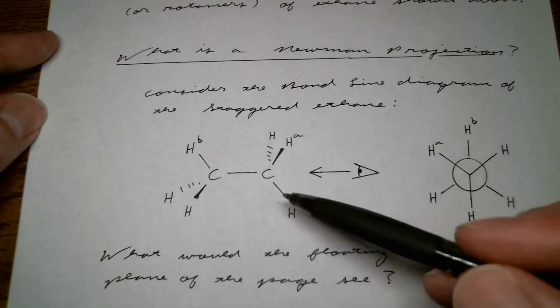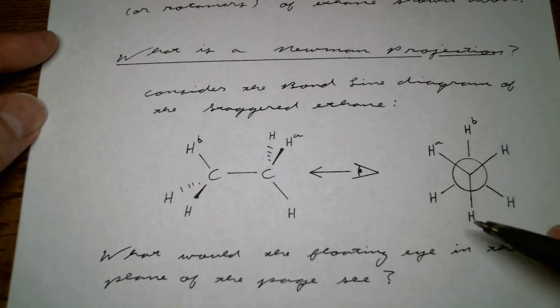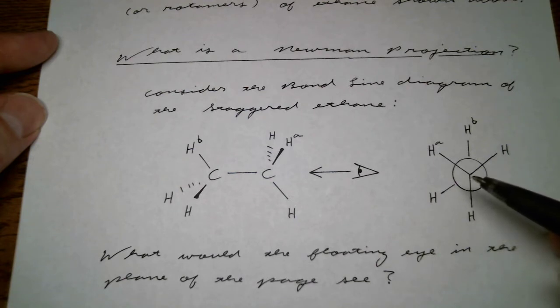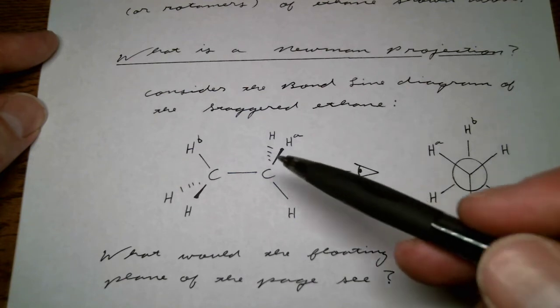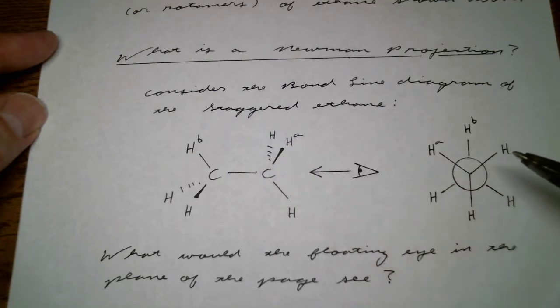This hydrogen that's in the plane of the page drops straight down from that carbon that the eye first sees. And of course, this hydrogen that's got the dash bond goes up and to the right, according to the eye's perspective.